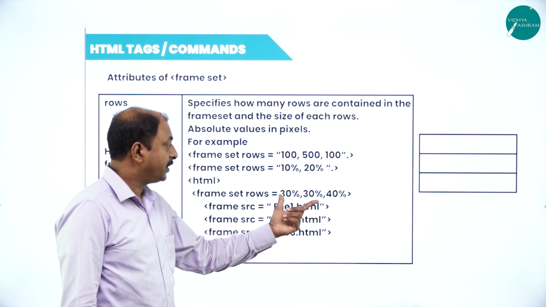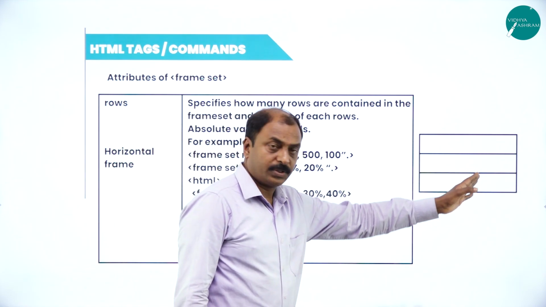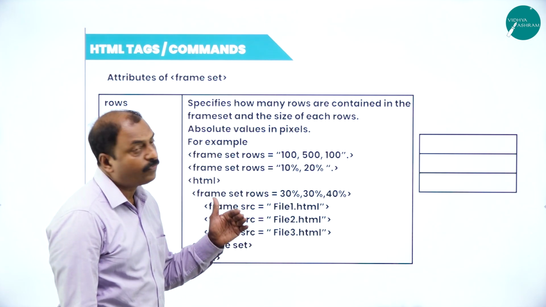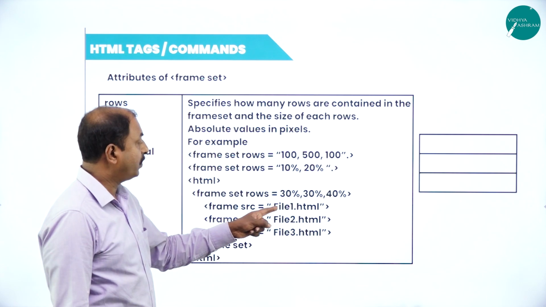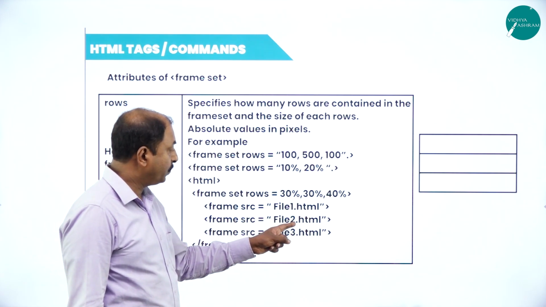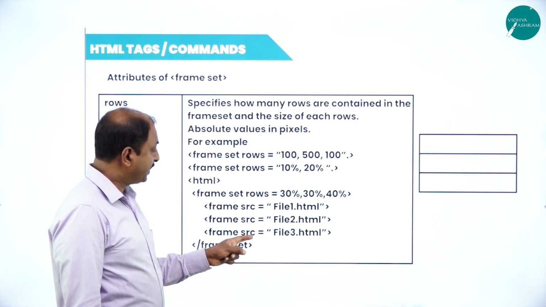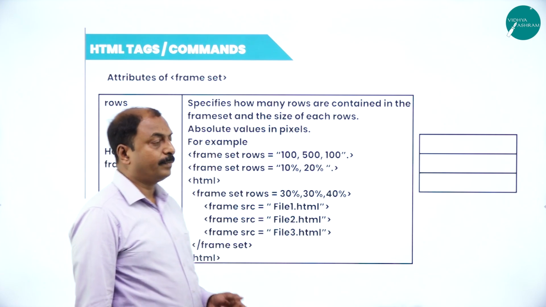There are three values, so it will be divided into three rows or three sections, three frames. And here frame src equal file1.html, frame src equal file2.html, frame src equal file3.html. Then we are closing the frameset and HTML tags.